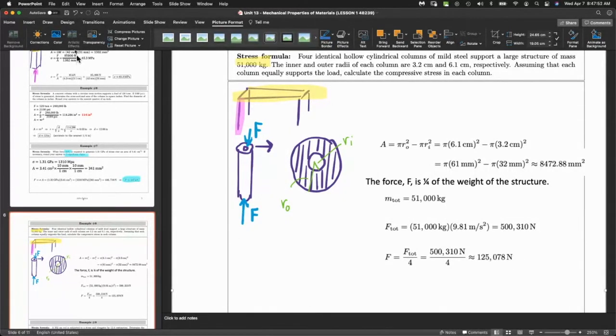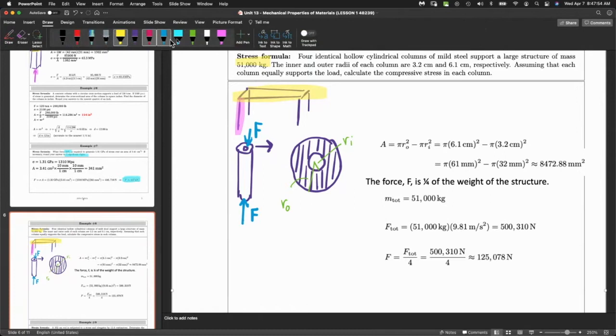So now we're good to go, people. We have everything in the toolbox here. We have the area. We have the force. So all that remains is to plug that into our stress calculation, and that's it.